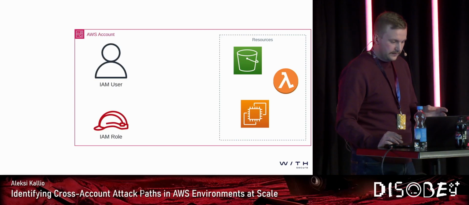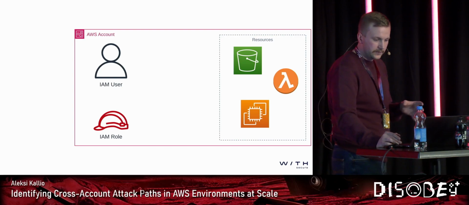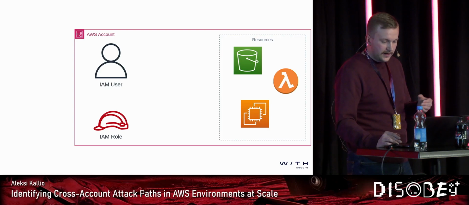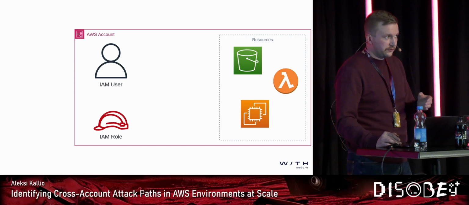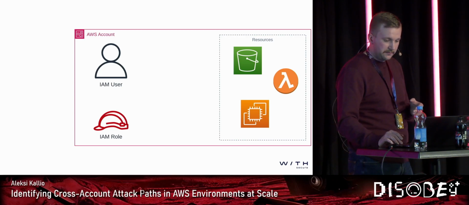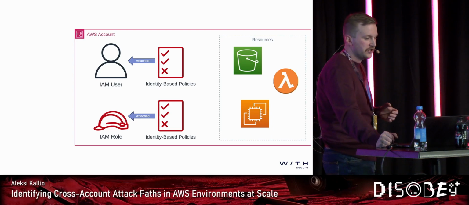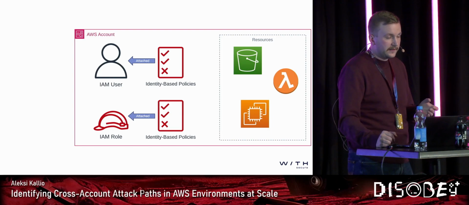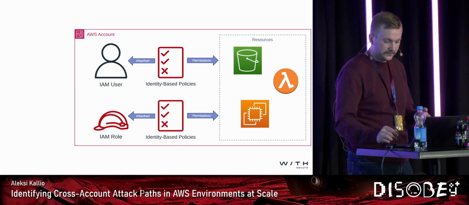And the IAM users and IAM roles are the identities in AWS IAM. IAM users and IAM roles can be attached with identity-based policies that give them permissions. And when they are given permissions with identity-based policies, it means that they can access the resources in the account.